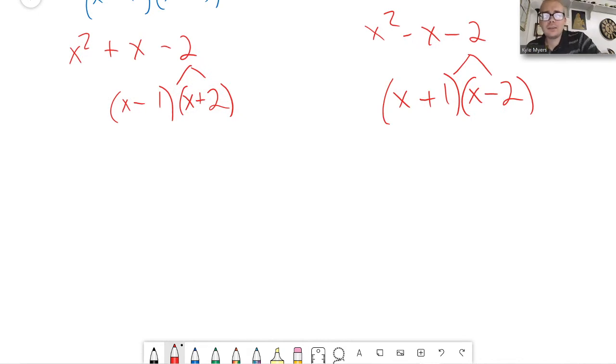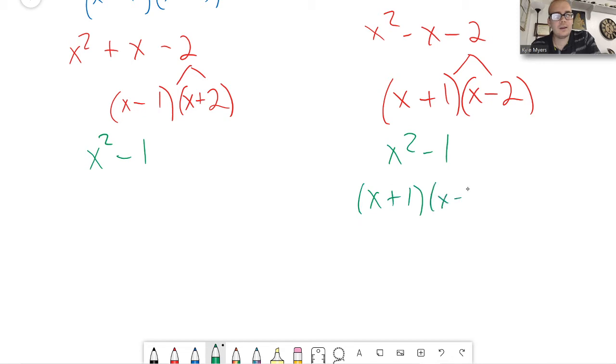Alright, and then the last one of the minuses is kind of just back to the square thing again. Except this one only has one square because there's only two things that multiply to give you 1. 1 and 1. So this one's just this and this, and it would be x plus 1, x minus 1. And notice what I do is I take the square root of both.